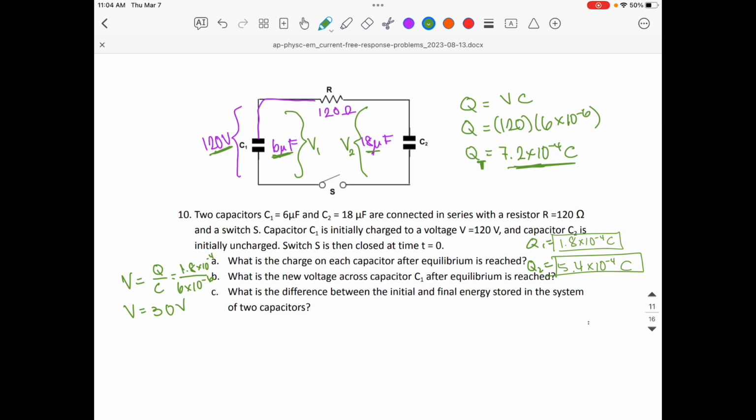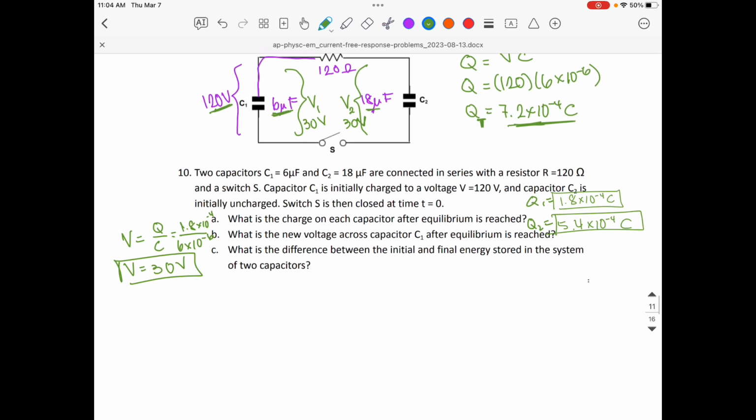Even though it only asked us to calculate the voltage across capacitor 1, we know that that's going to be equal to the voltage across capacitor 2 as well. If you did the charge of C2 over the capacitance of C2, you would also get 30, and you can do that as a way to double check.